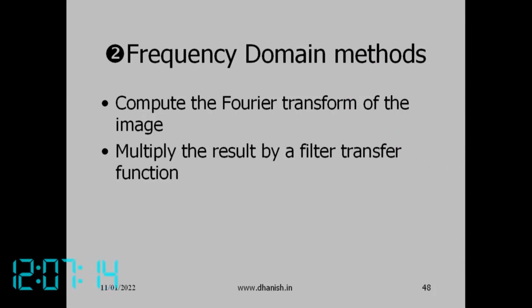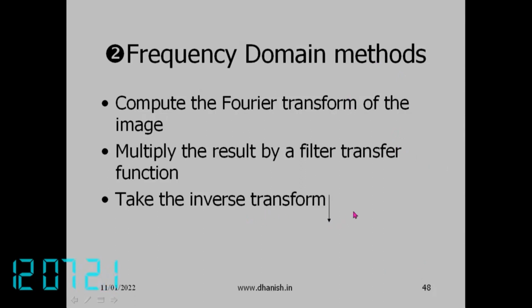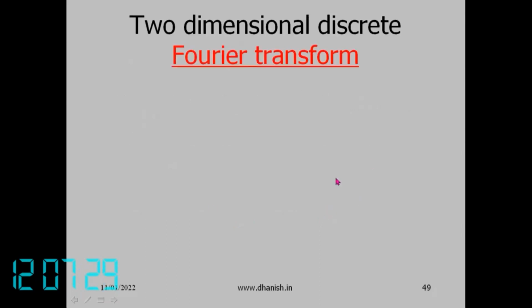So that can be eliminated. So you multiply the result by a filter transfer function. First you convert into the Fourier transform, apply some operation, and then transform back to the original format, like the inverse transform. So this is the sequence of the Fourier transform.